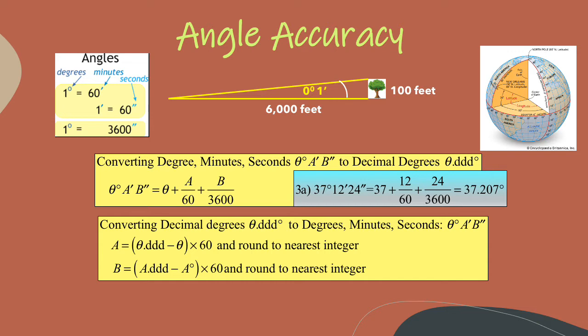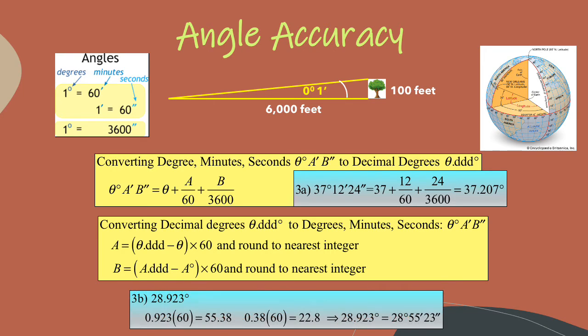That will just give you a decimal. Multiply that by 60 and round to the nearest integer, and that will be the number of minutes. To get the number of seconds, we will use the integer value of our minutes, which is A point DDD minus A. Again, multiply that by 60 and round to the nearest integer.